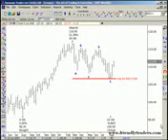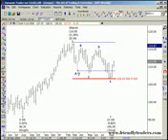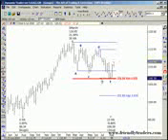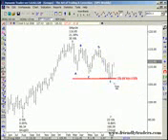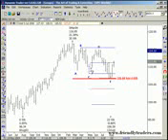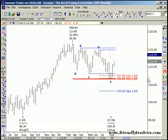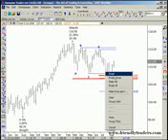We already have the ABCDE corrective pattern completing slightly below the 50% retracement of the August 2003 to March 2004 rally. And let's go ahead and put up some alternate price projections. We have the alternate price projection of the wave A decline from the wave D high. That's the 100% alternate price projection, slightly above the 50% retracement. And we'll also take the alternate price projection of the wave C decline from the wave D high, and there we have another 100% alternate price projection.